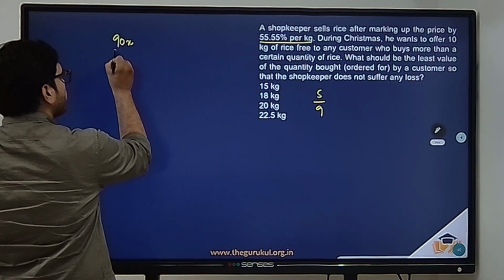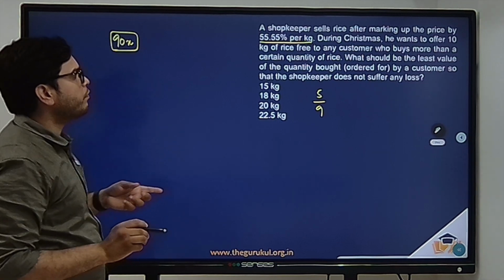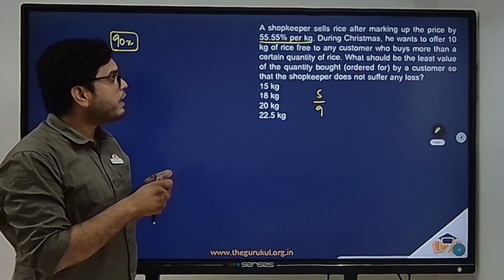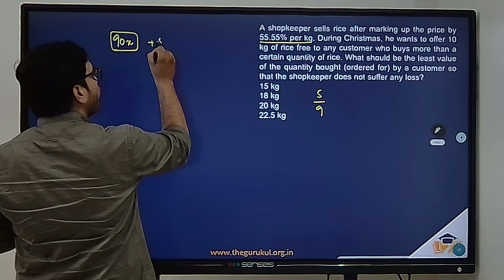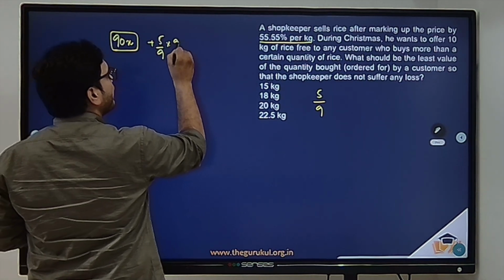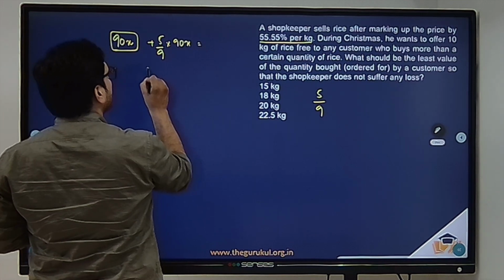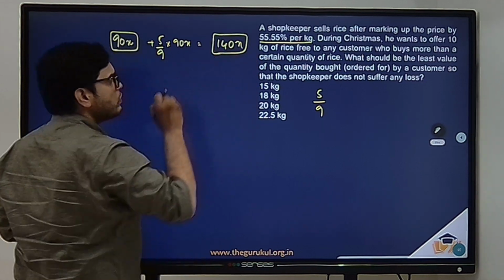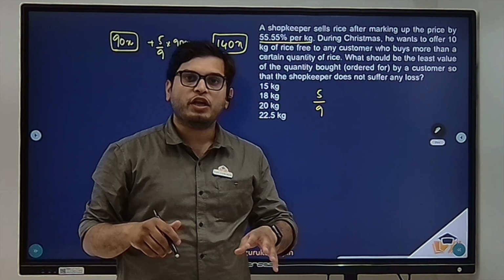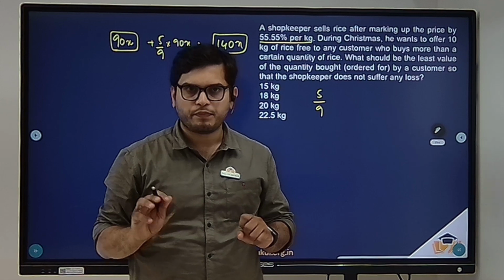Let the cost price per kg be 90x. Now he's selling after marking up the price by 55.55%. So that would be 5 by 9 into 90x, which is nothing but 90x plus 50x, 140x. So the selling price per kg is 140x rupees, right?